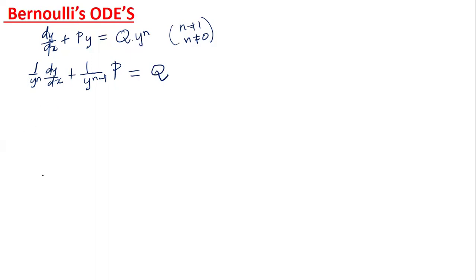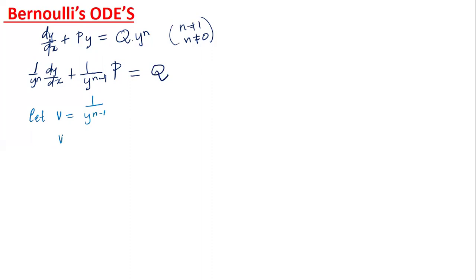This is where we're going to let, right? What are we going to let? We are actually going to let, you can take any variable, let's pick v, or we can take u, whatever the case may be. Let's take v. We're going to let v be equal to the coefficient of your p, which is 1 over y to the power of n minus 1, right?